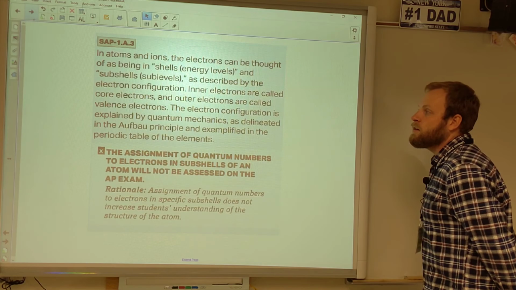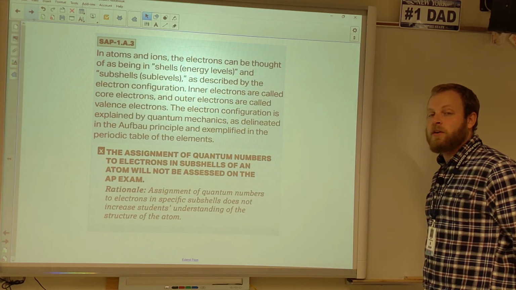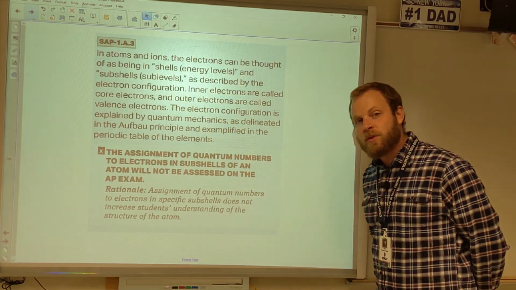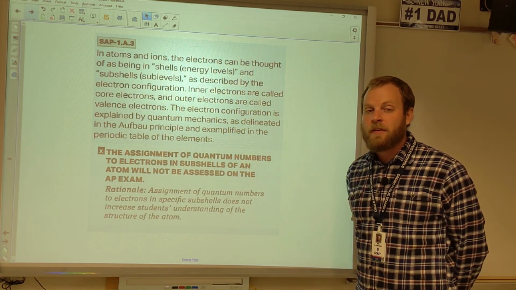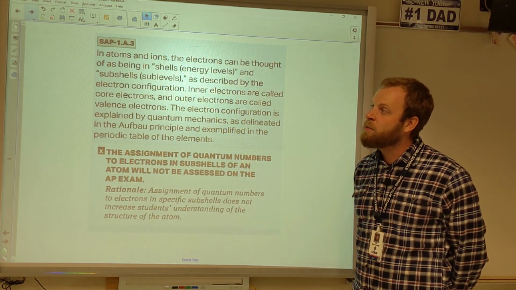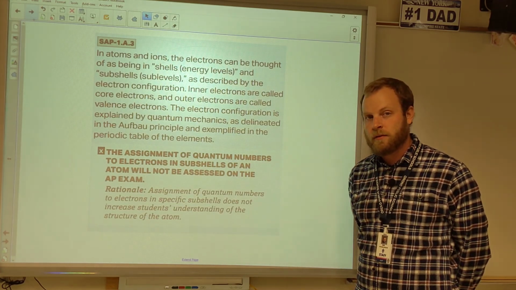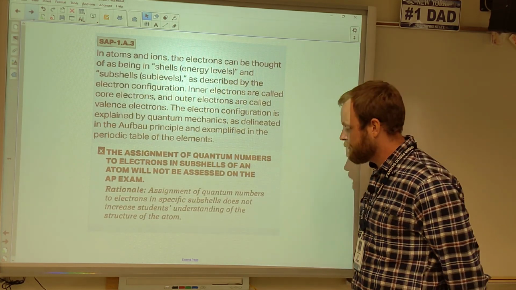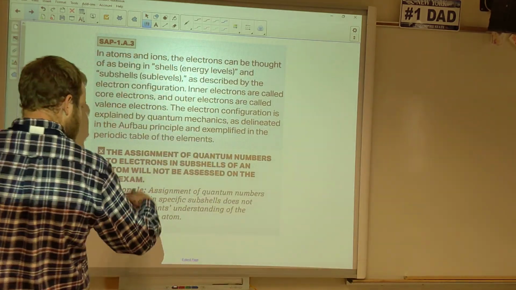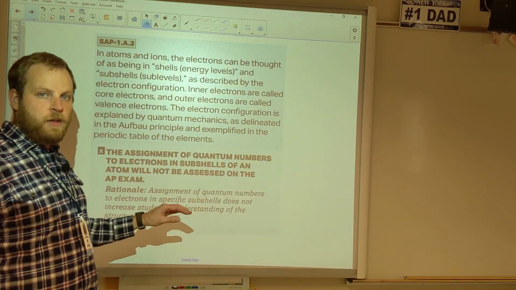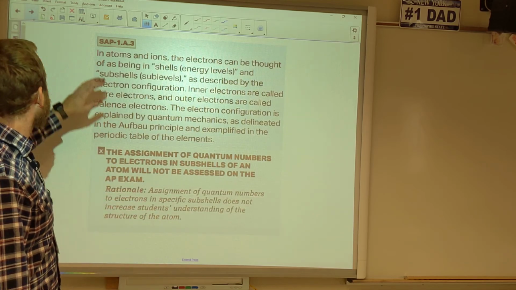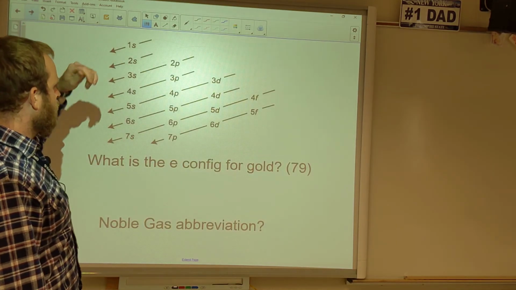So what this is basically saying is electron configurations are a thing. You have to know the difference between the core electrons and the valence electrons, and that the periodic table is actually arranged based on electron configurations. Very exciting. There are some exceptions to the rules that you learned. You don't need to know the exceptions at all, I don't think.